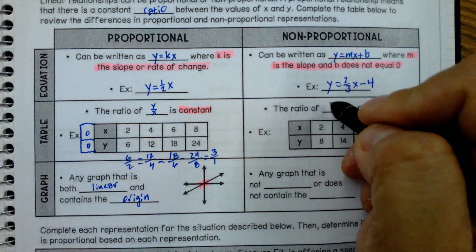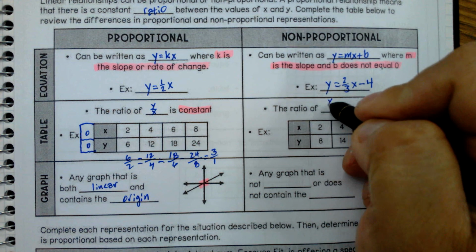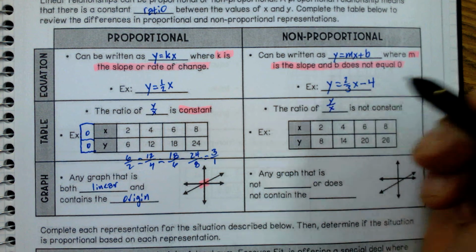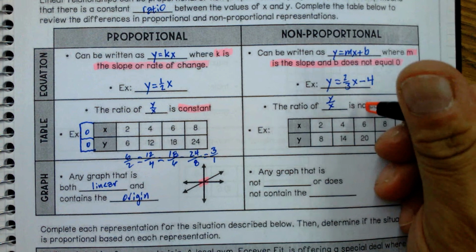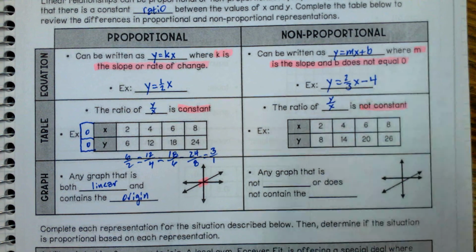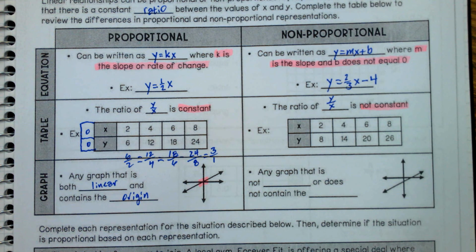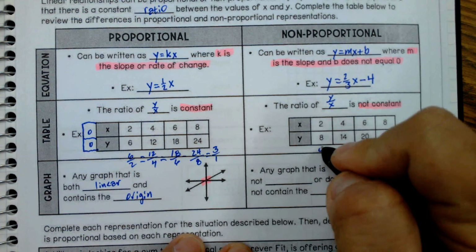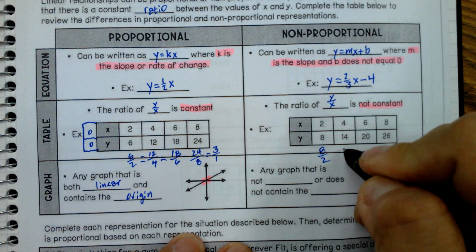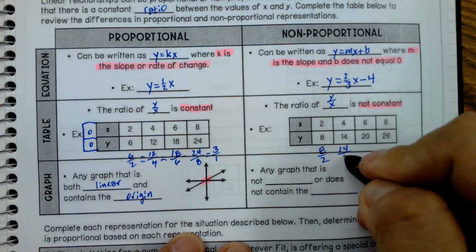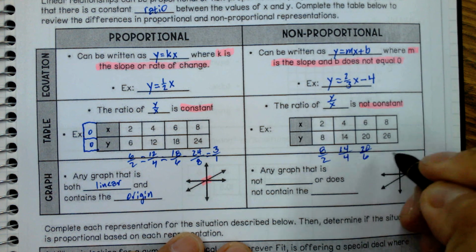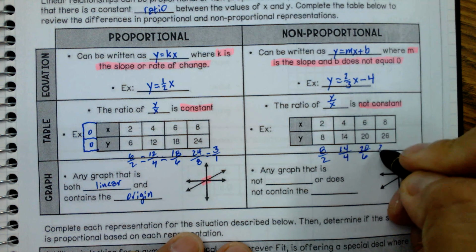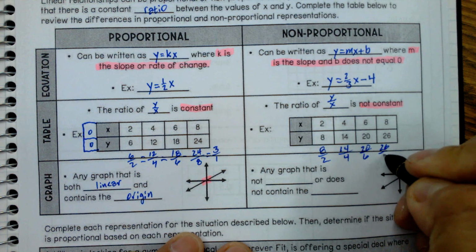And here's the difference. The ratio y over x is not constant. So let's just take a look. If we do 8 over 2, 14 over 4, 20 over 6, 26 over 8.